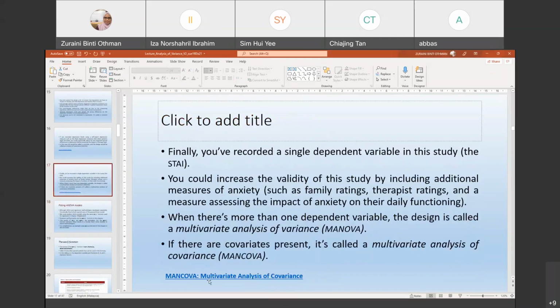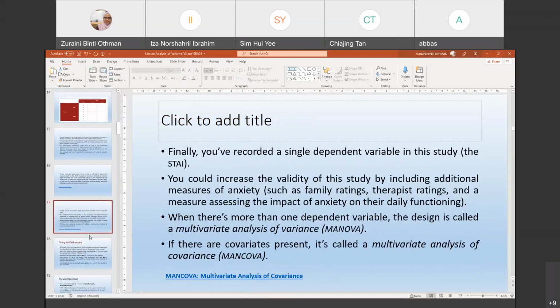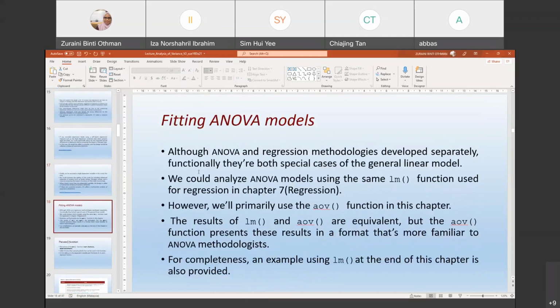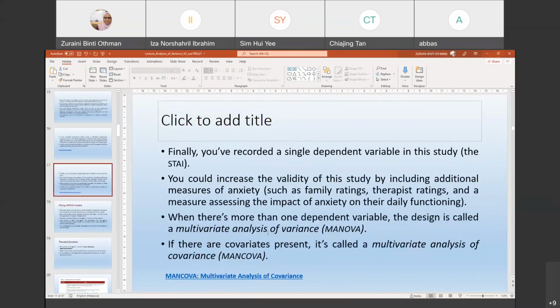What is MANCOVA? It is multivariate analysis of covariance. Later, we will use tests to measure MANCOVA, MANOVA, and ANOVA.